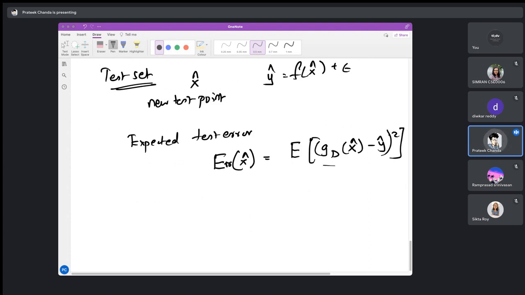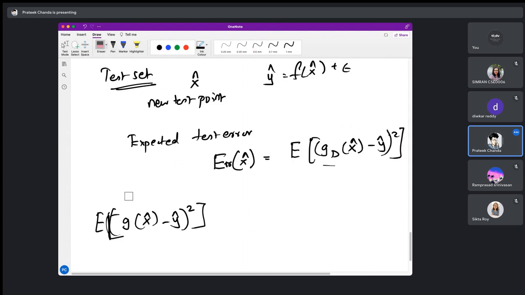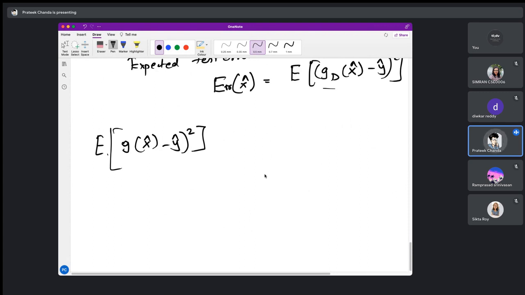Now what I want to show is something like this. Let's drop this D and just have g(x hat) only, for the sake of notation. Let's go into detail about this.